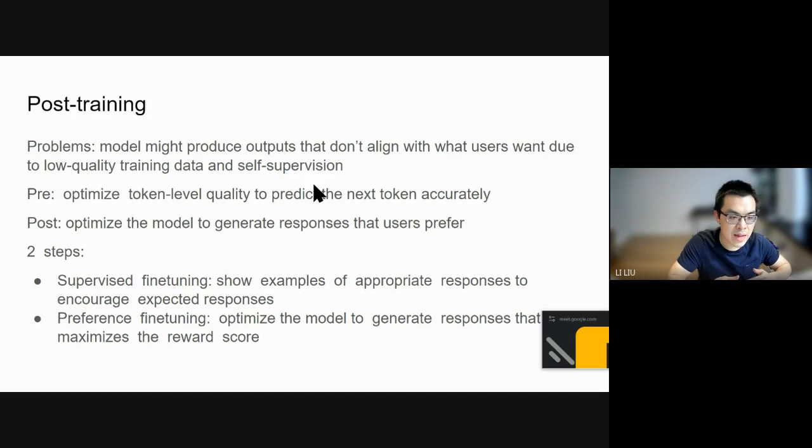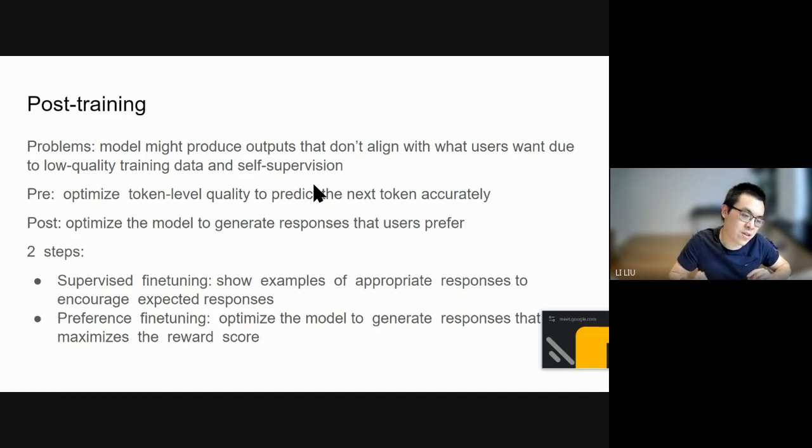However, in post-training we optimize the model to generate the responses that users prefer to see, because we don't want just to get the answer from the model on the next tokens, but we want a more holistic answer, an answer that is actually helpful. So really there are 2 steps or techniques.